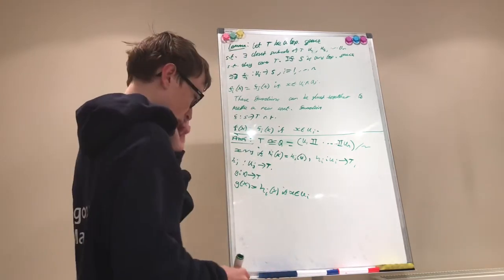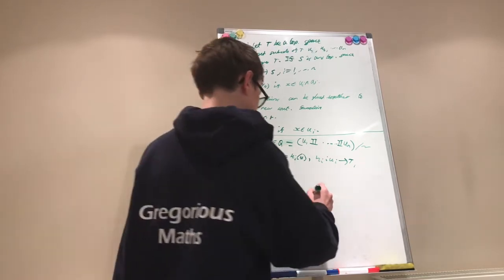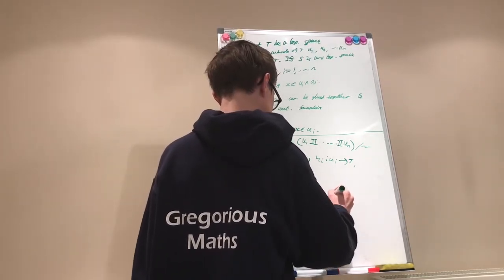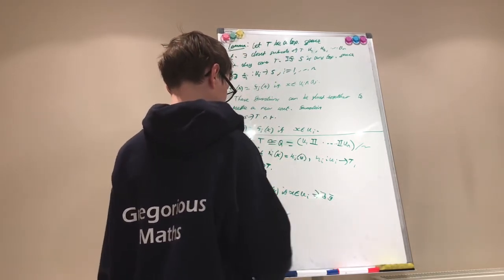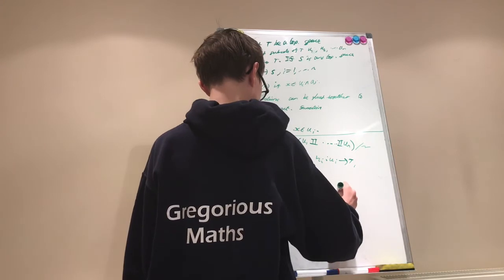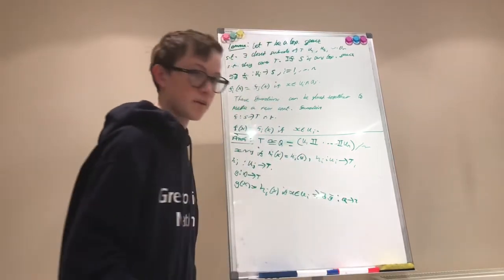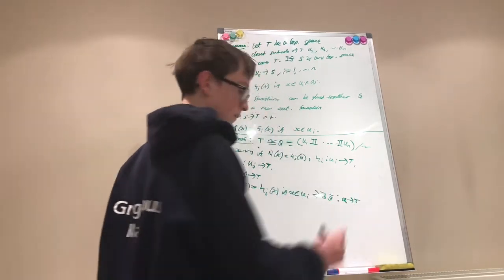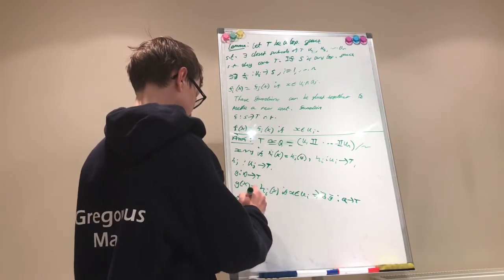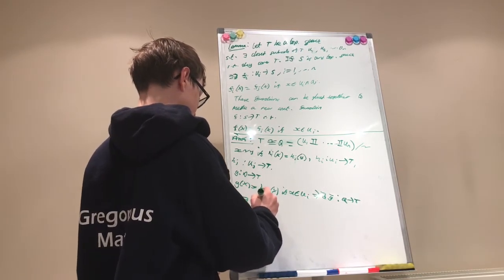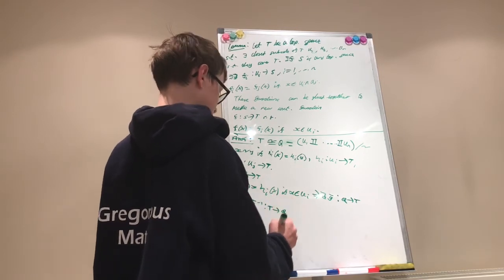Now, because G respects the equivalence relation, this means that there exists G bar which goes from Q to T. And also, this means that there exists G bar inverse, which goes from T to Q.